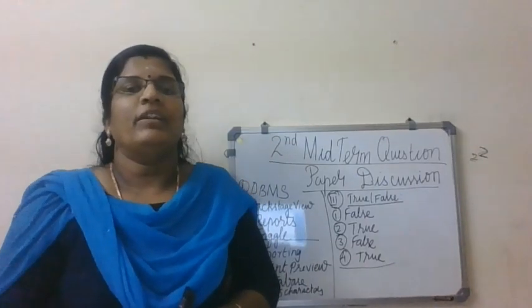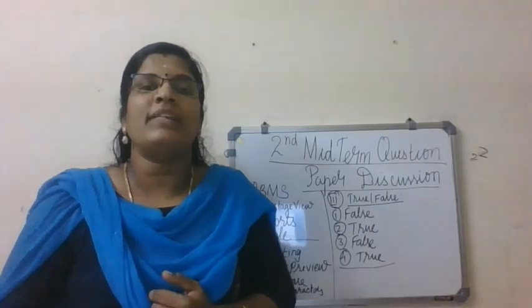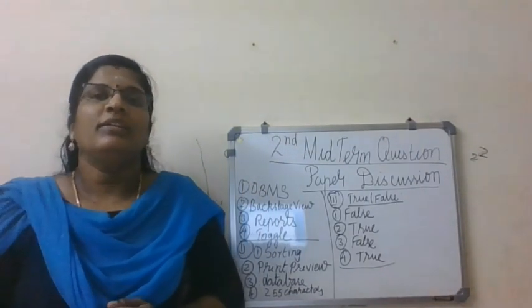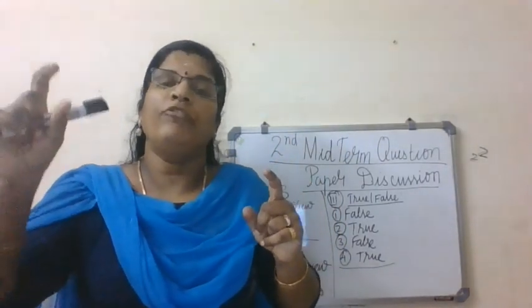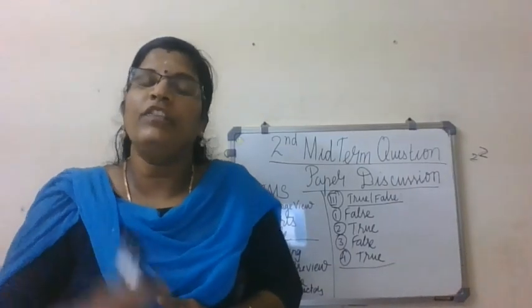Next one: write the steps to create a query in MS Access using query design. It's a 3-mark question. Starting from the first step, go to the Create tab, Query, the Query Design command, everything you have to write.